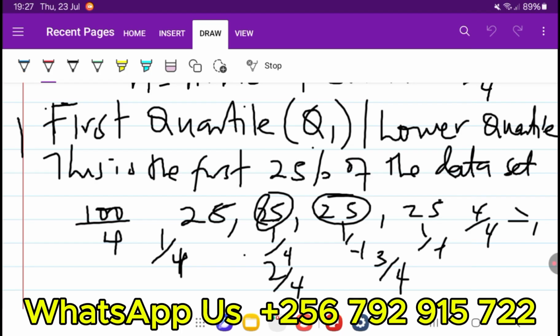Remember, we are taking the data and we are dividing it in the middle. When you divide it in the middle, we get how the data is going to be spread on those different halves. So the first half is going to be divided into another half. It will give you a quarter, because if you have a half and you divide it by 2, you get a quarter. It's the same thing as saying 1 over 2 divided by 2. It gives you 1 over 4.